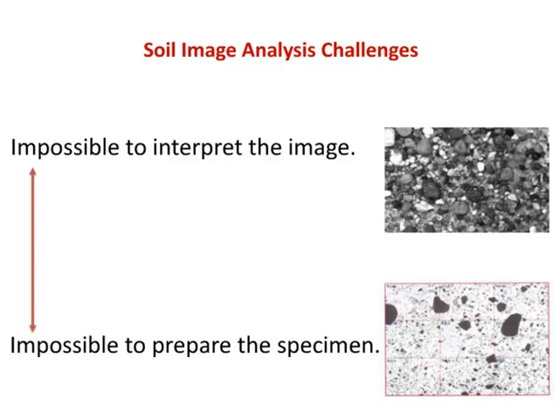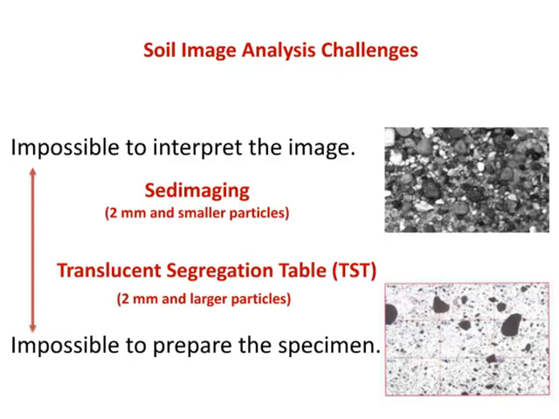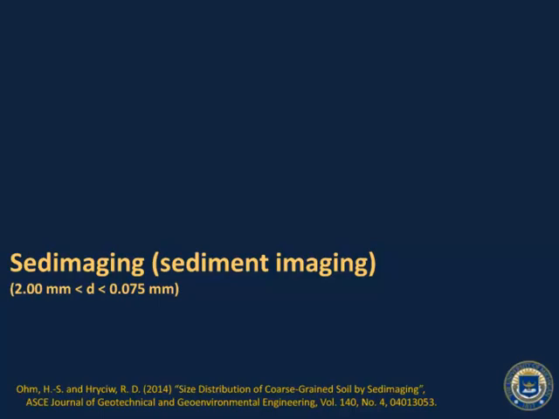So what we have done over the years is developed 2 sets of tests, one called sedimaging for particles 2 millimeters and smaller, and the other test called the translucent segregation table for particles larger than 2 millimeters. And the objective of both of these devices is to prepare the soil for the collection of the images and thereby allowing the analysis to proceed much quicker and much more accurately.